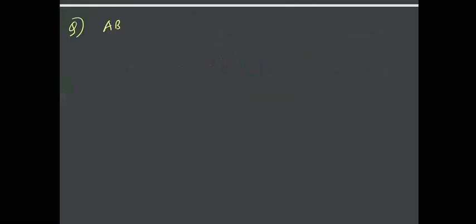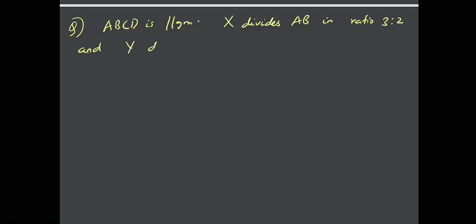So ABCD is a parallelogram, and X divides AB in ratio 3:2, and Y divides CD in the ratio 4:1. Okay.